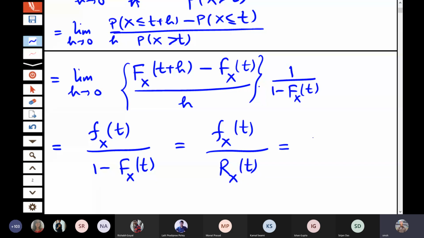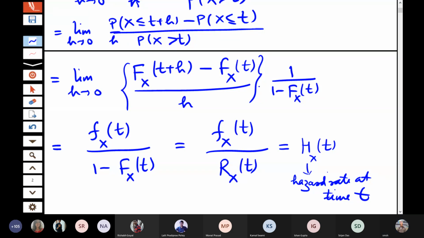There is a notation used here for this. Usually it is called h(t), that is the hazard rate at time t, the instantaneous failure rate or hazard rate.